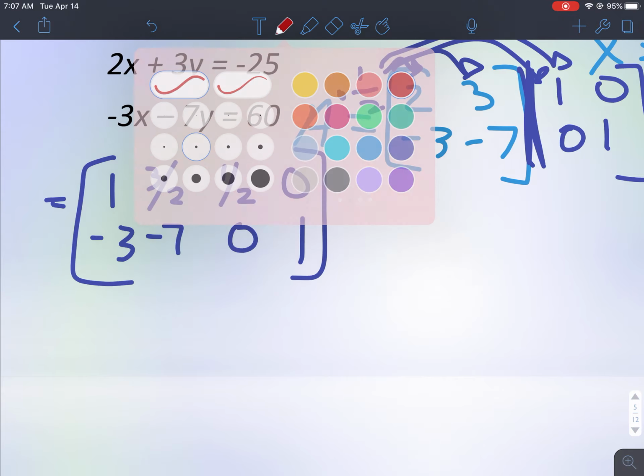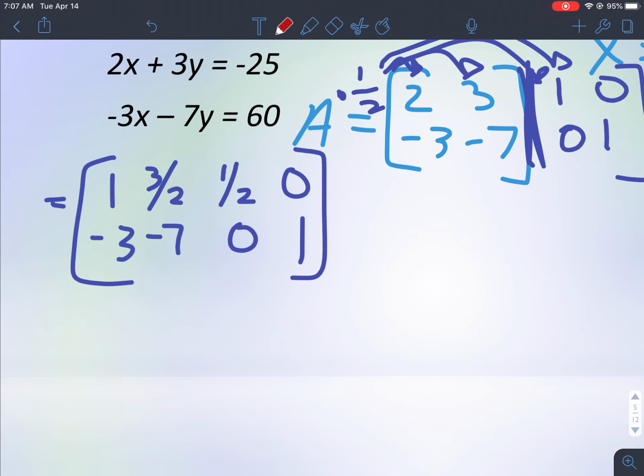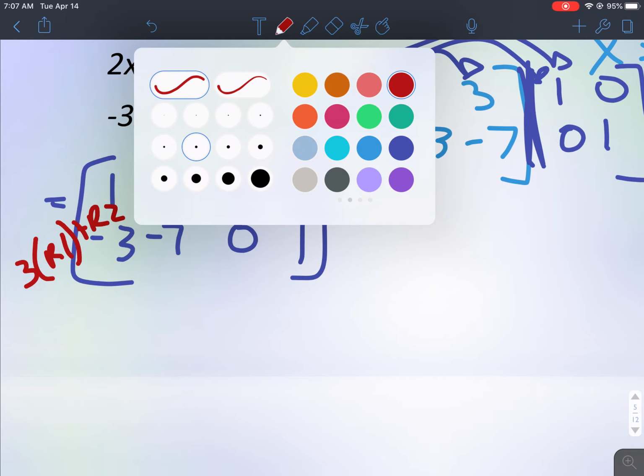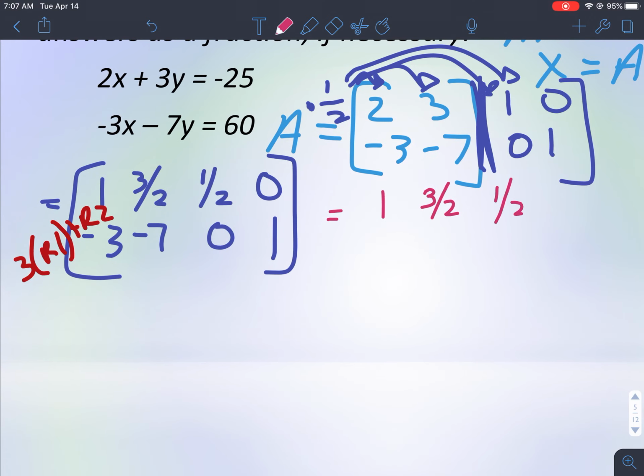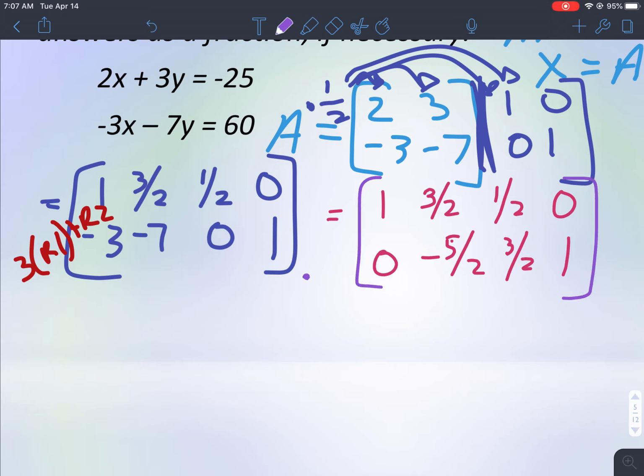Then let's multiply 3 times R1 plus R2. Next, let's multiply row 2 by -2/5.